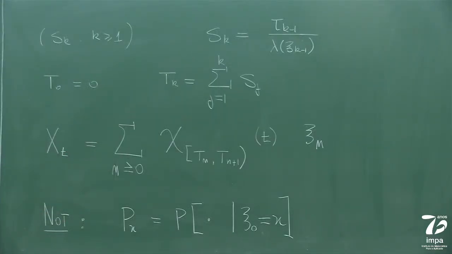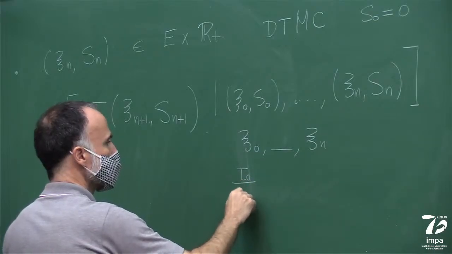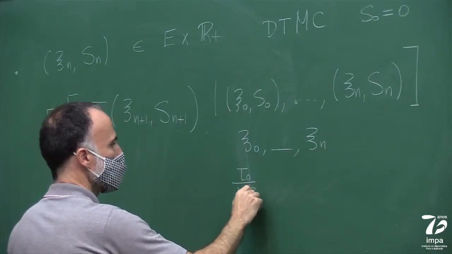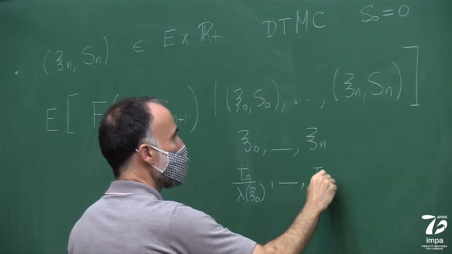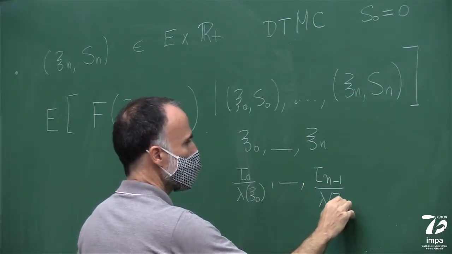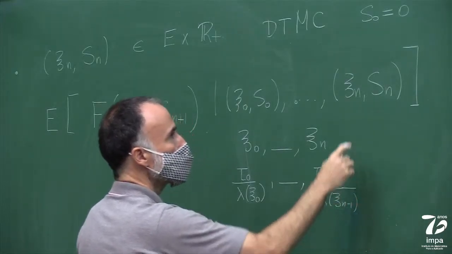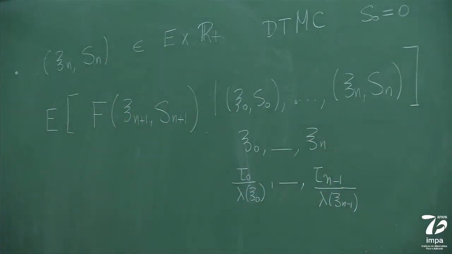So S1 is tau 0 lambda of xi 0, up to tau n minus 1 lambda xi n minus 1. So these are S1 up to Sn minus 1, Sn.